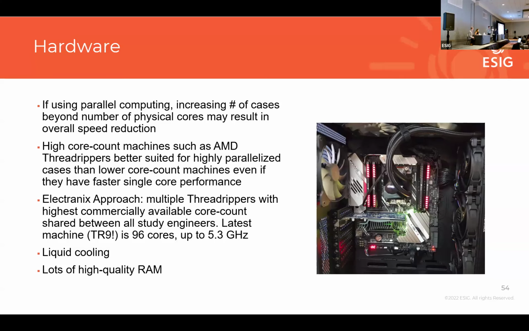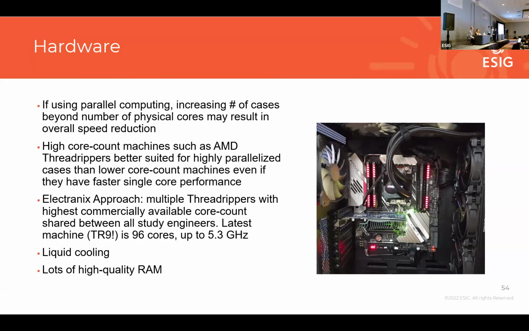So we generally buy the highest core count AMD Threadripper that's commercially available. Right now our latest one is the 96 core, which can go up to 5.3 gigahertz at its fastest clock speed. We would generally use this as a shared machine between all technical users in our shop.